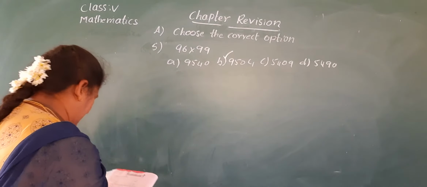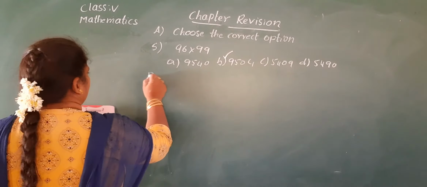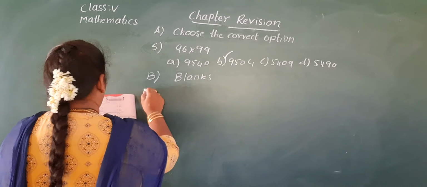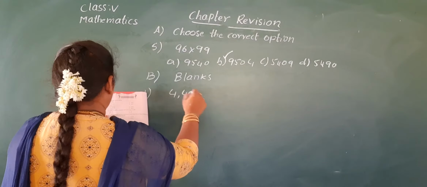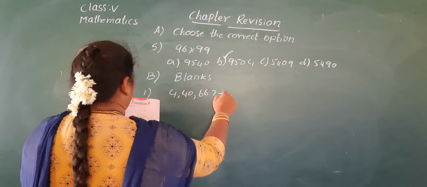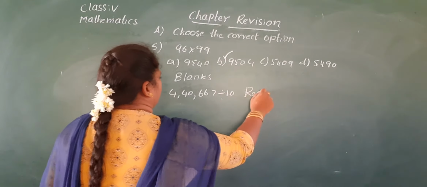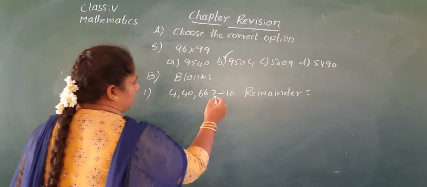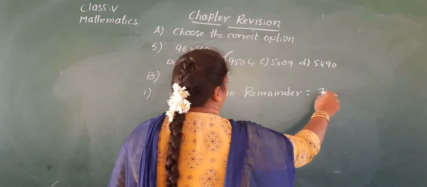Okay, and next, blanks. They are given blanks, Nana. So already explained this one before. If the number is divided by 10, what's the remainder? Yes, the ones place becomes the remainder.